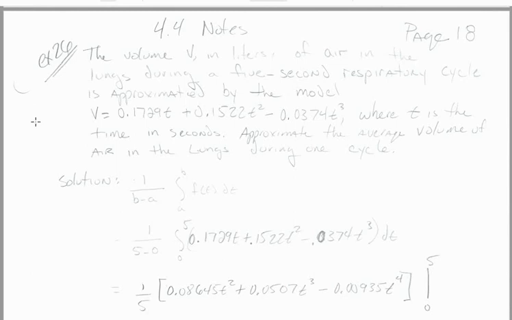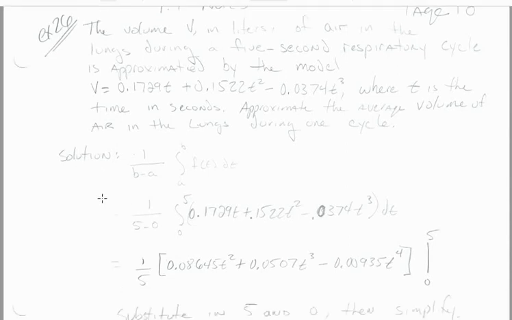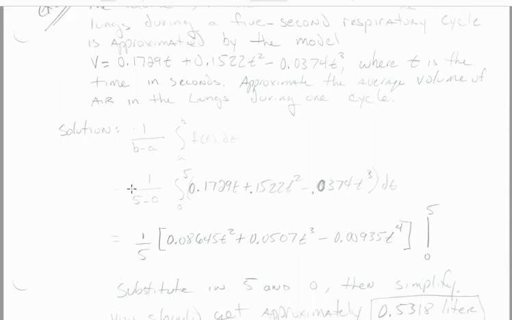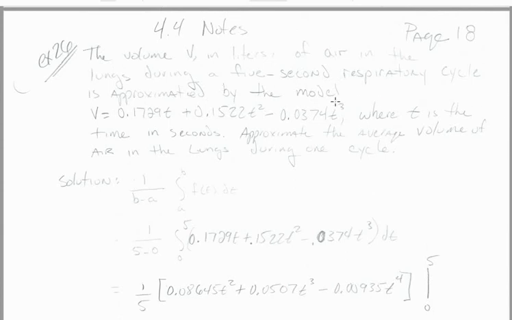Anytime we're hearing the word average, we should use the average value function. No second fundamental theorem of calculus or anything like that in this one. If we read through the problem, it says during one cycle, which the first sentence says is 5 seconds.